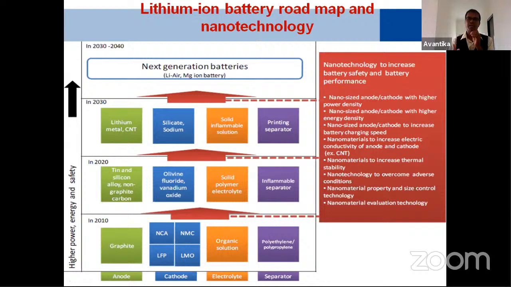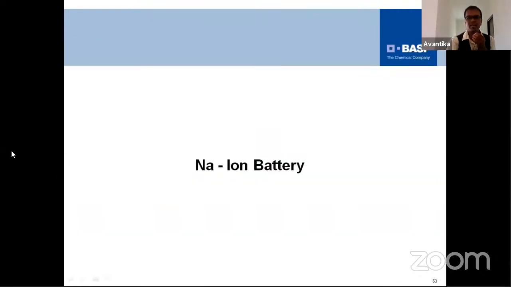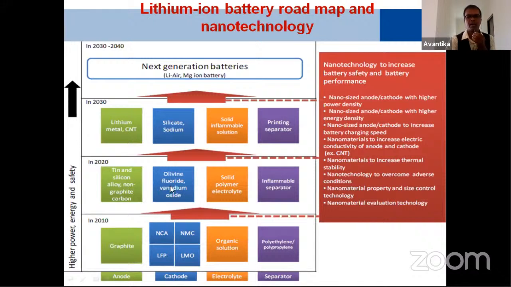In future, maybe after 10 or 15 years, scientists are planning to change this kind of olivine material into silicate or sodium. I already mentioned one slide, right? The importance of silicate and sodium sulfur batteries. People are thinking to change this material in order to improve the performance.